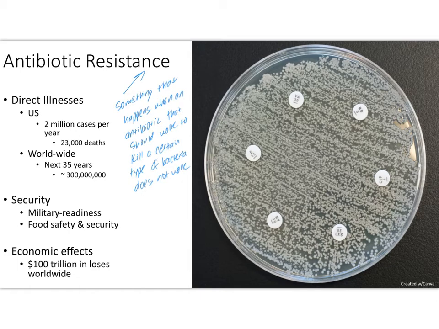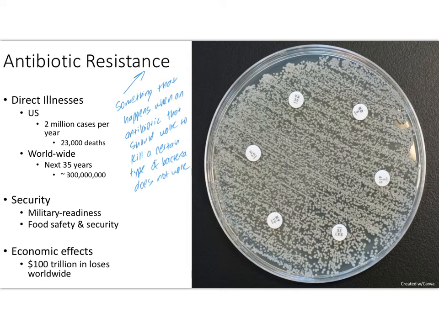So what that means is that if we have a situation where antibiotic A should be able to work against bacteria B, but it doesn't, for whatever reason, that antibiotic is not able to kill that bacteria, then we have a situation that we call antibiotic resistance. It's important to understand that this really has nothing to do with the person.